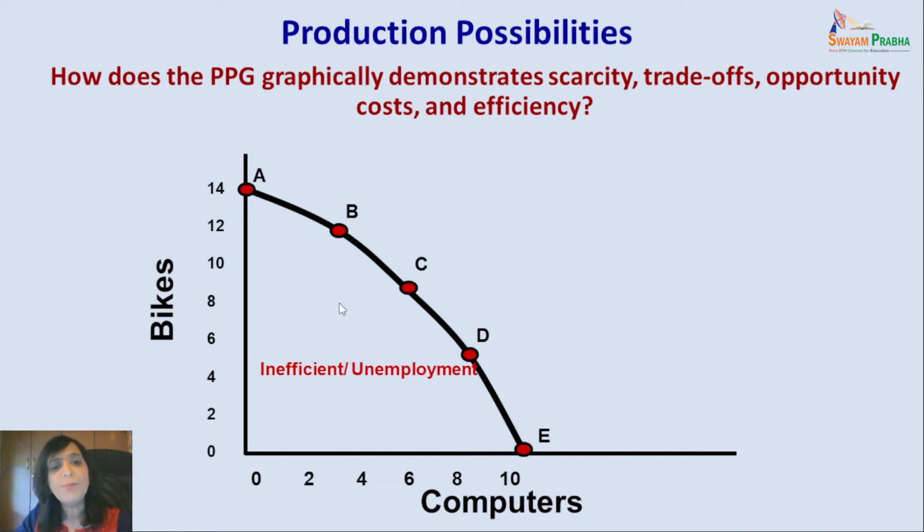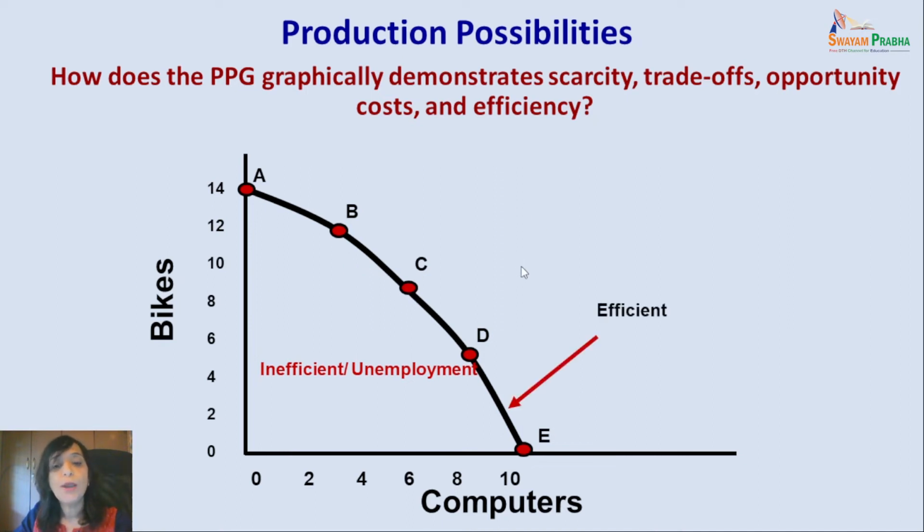Whereas any point which lies inside your production possibility curve is showing inefficiency. Why? Because you have the potential to produce more, but we are not producing more.